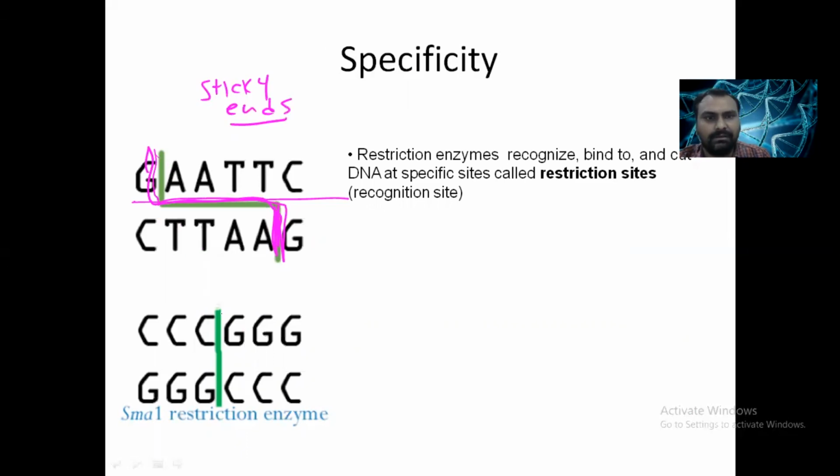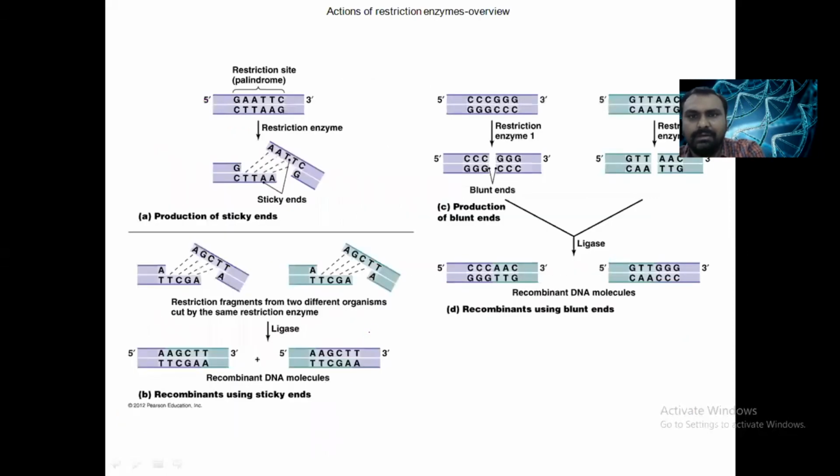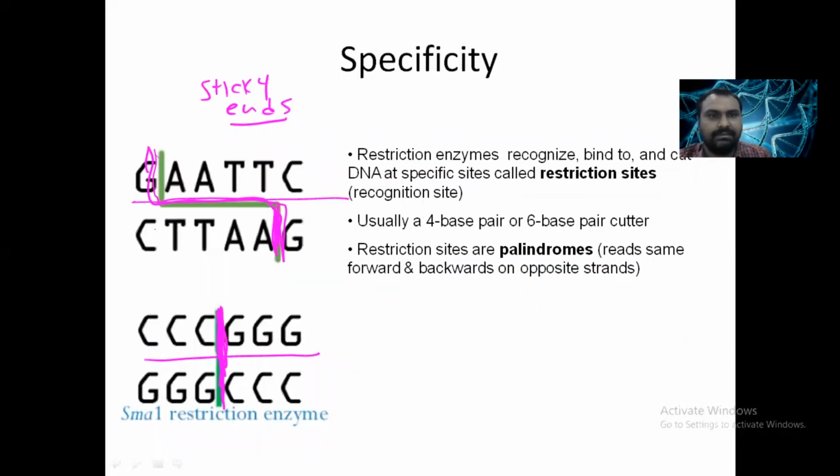And if we cut vertically, in a sequence like CCC, GGG, then it will produce the blunt end. And this sequence GAATTC is called a palindromic sequence.